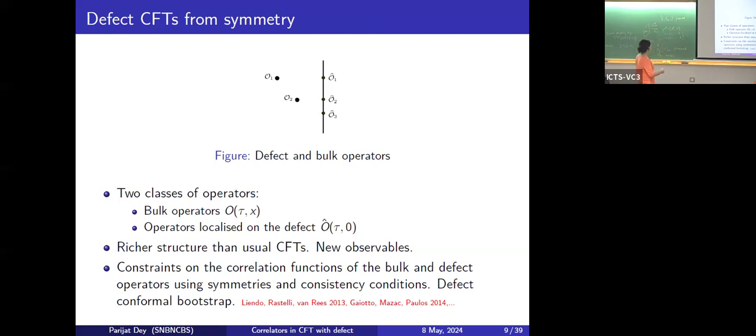So this is the symmetry structure that we can use to analyze the correlation functions of these defects, and this is the idea of defect conformal bootstrap. It was initiated in the context of boundary conformal bootstrap by these authors in 2013, and then subsequently studied in the context of defects in 2014 by these authors.